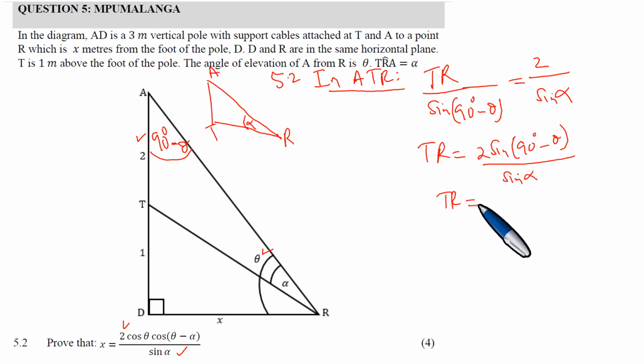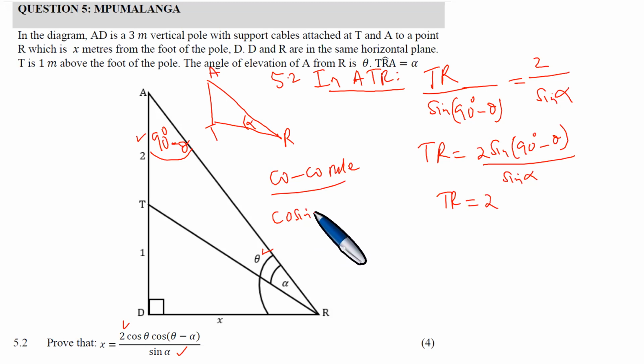What is this? In which quadrant is 90 minus theta? It is in the first quadrant, and the sine is actually positive there, but it changes to its co-function using the co-co rule. The co-co rule says that you can change the cosine to the sine function. The co-co rule appears at 90 degrees and 270 degrees as cardinal angles, or the angles at the poles of the Argand diagram we studied there.